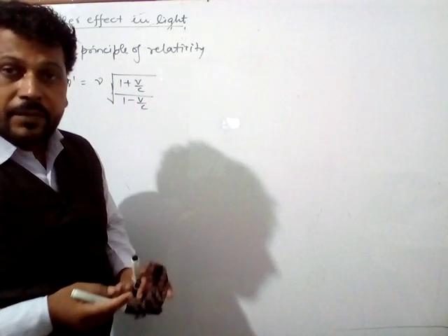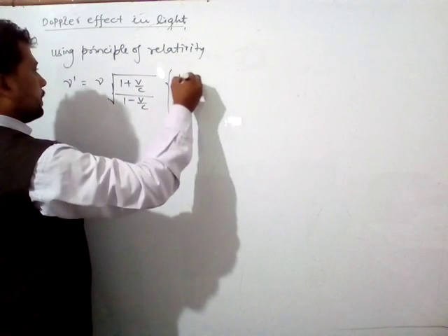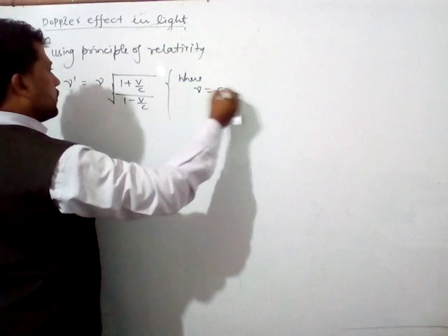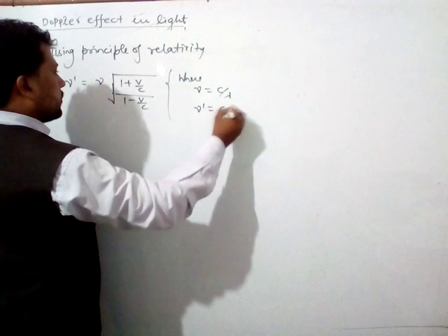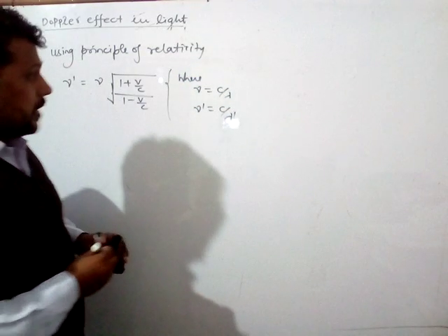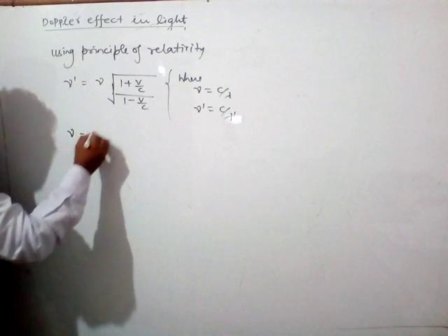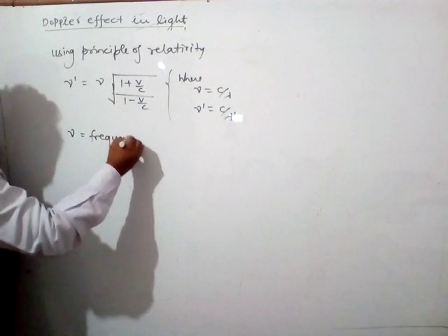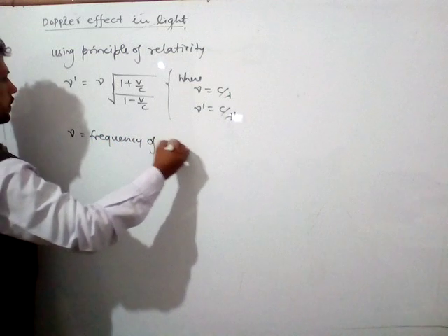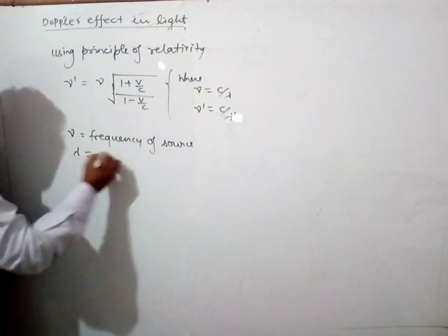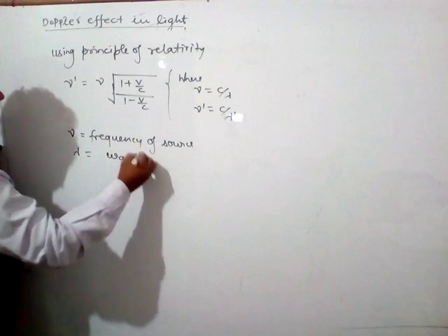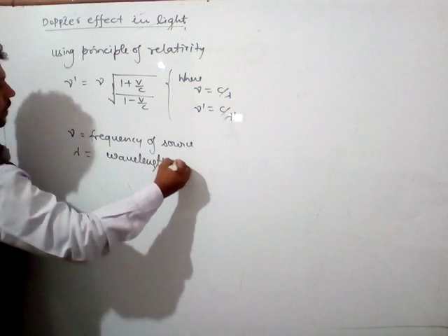This is the relativity principle, where nu equals c by lambda and nu dash equals c by lambda dash. Nu is the frequency and lambda is the wavelength. Nu equals frequency of source, or lambda equals wavelength of source.